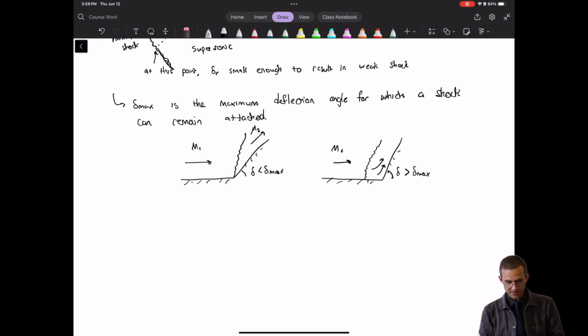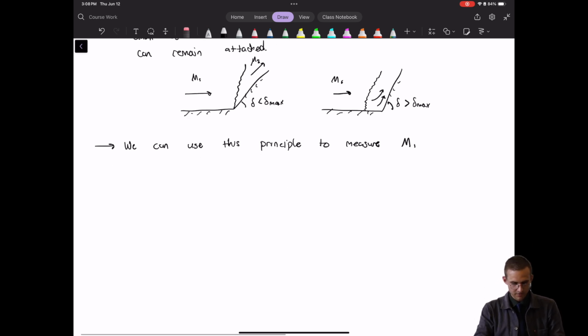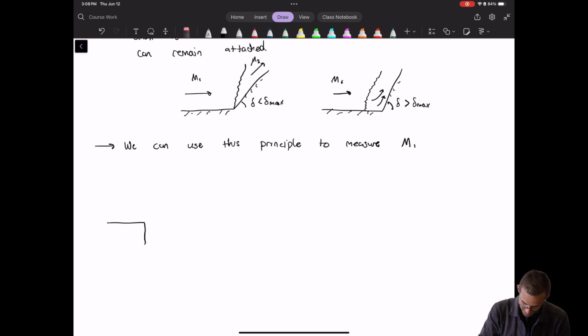And then one last note that I'll leave you on is that we can use this principle to measure the incoming Mach number. So imagine that you have this measurement apparatus, which is called a pitot tube. You may not have heard of this before, but essentially it's like this.